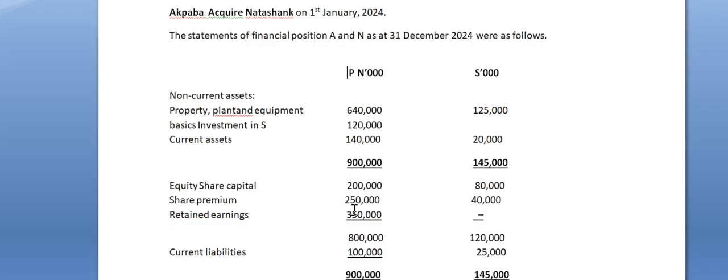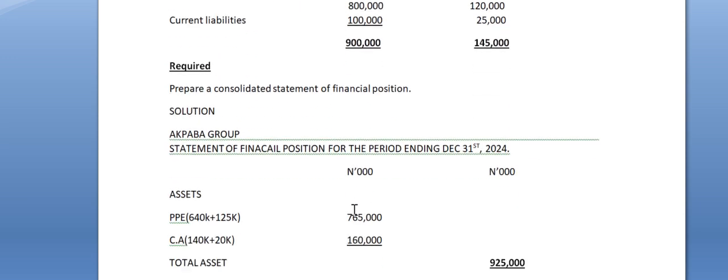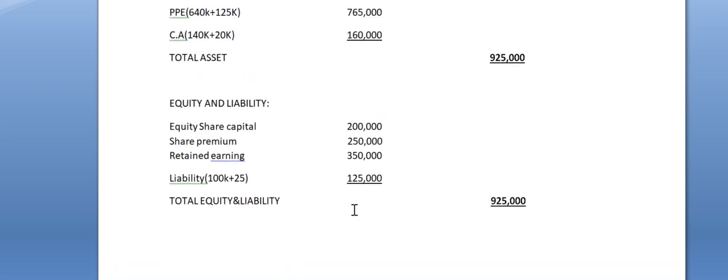So now we have it there. Total asset is 925. And I told you, once you come to the equity and the liability, the equity you have to carry is that of the parent. The share premium you have to carry is that of the parent.